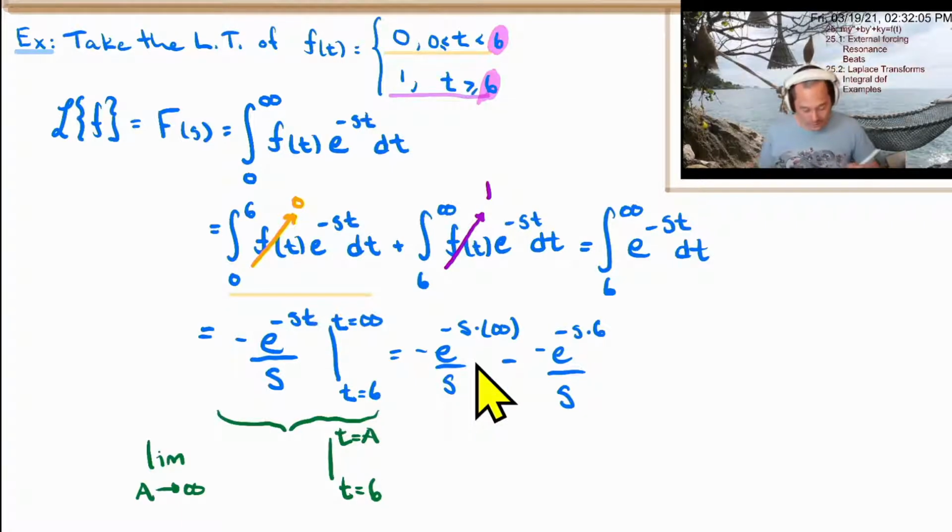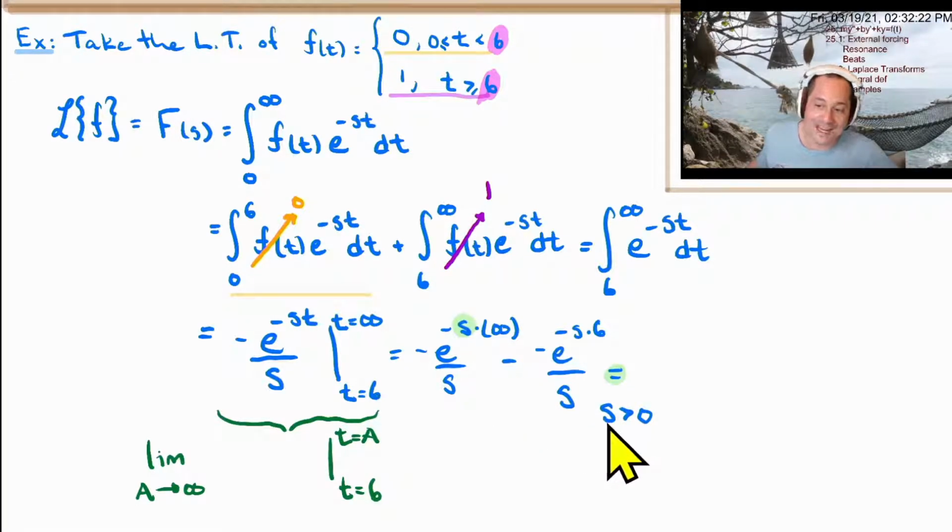And so, I know it does look so wrong, doesn't it? It pains me. It pains me too. And so I'm going to keep an eye on this s right here for the next equality. What am I going to prescribe for that s? I'm going to say that that s is greater than 0. Because if that s is greater than 0, I'm going to e to the negative infinity, right?